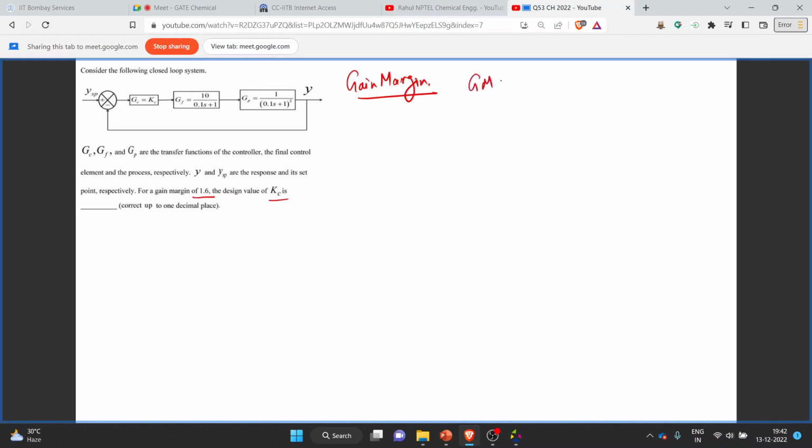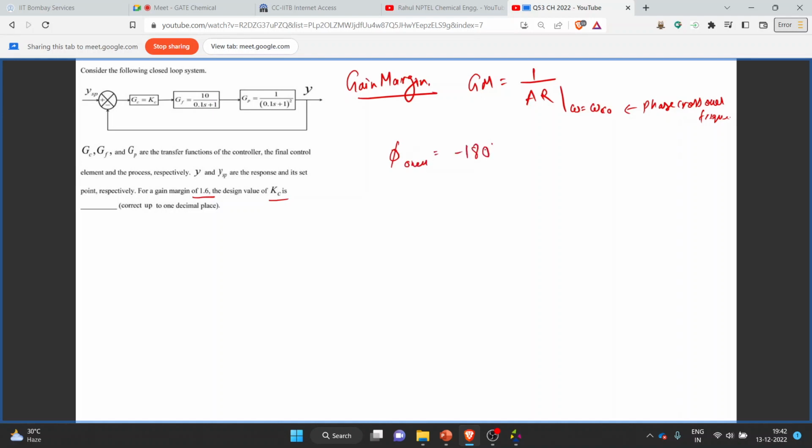That is, we can write gain margin is equal to 1 upon the amplitude ratio at omega equal to omega C0, where this is the phase crossover frequency. We define this phase crossover frequency by equating the phase lag, that is phi overall, with minus 180 degrees.